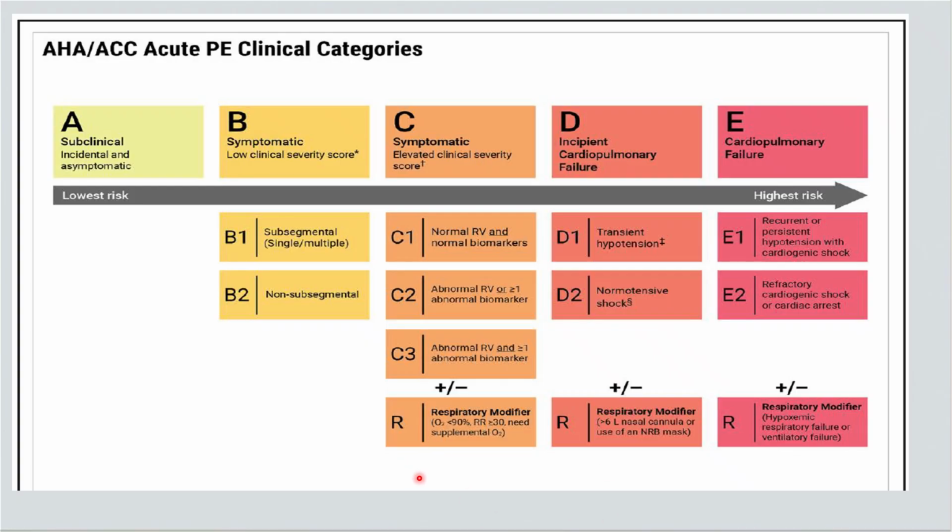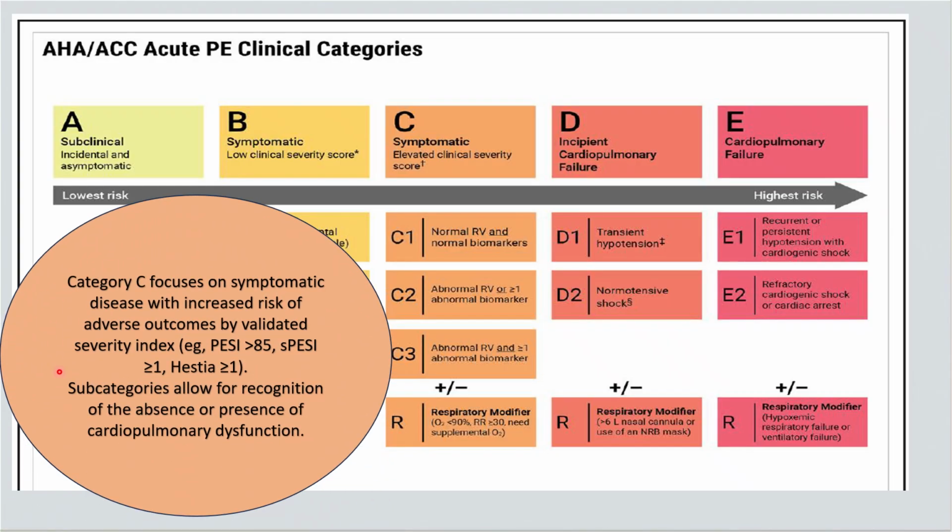One of the R parameters which is added here is basically when the patient needs oxygen in the form of nasal cannula, face mask or anything like that, and it is further classified into C1, C2, C3 based upon echo and blood findings. So if both biomarkers and echo show no RV dysfunction, then it is C1. If either of them is abnormal, it is C2, and if both of them are abnormal, it is C3.